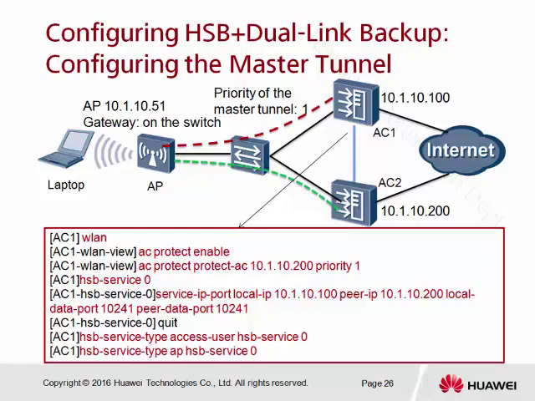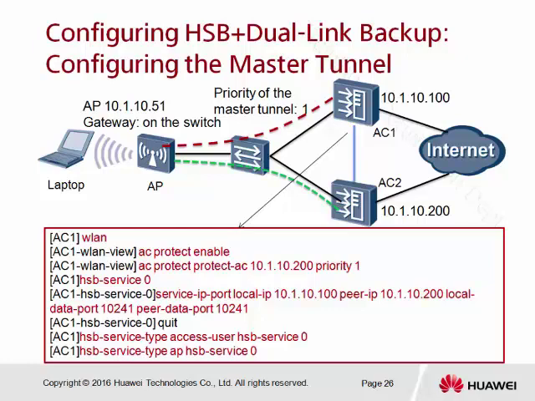The local IP refers to AC1 itself; AC1 is using 10.1.10.100, and you're going to peer to the IP 10.1.10.200. Don't forget to list out the peering port number. For the local port, you can use any port number that you want, and you need to make sure the peer port is consistent.